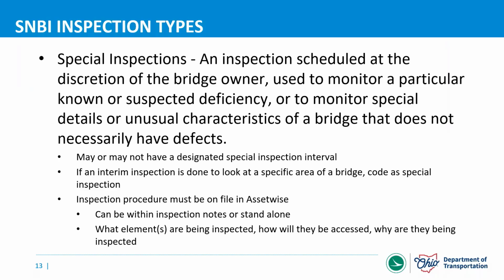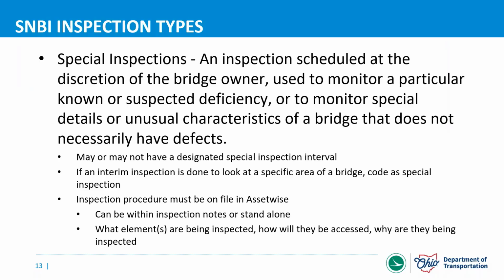More often than not, it's because you have a localized deficiency that you want to keep an eye on, and you're going to go out at a different scale than routine and look specifically at that portion of the bridge that has that localized deficiency.